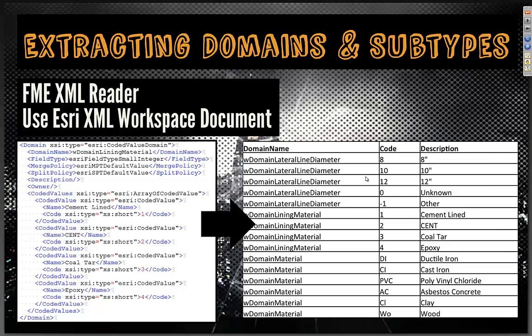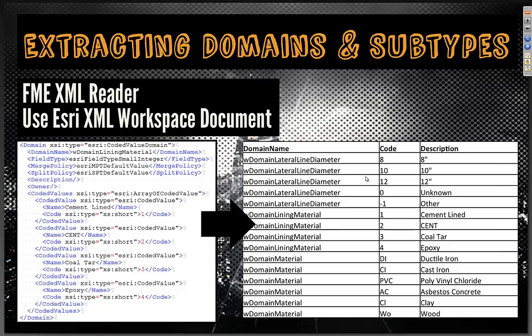So we can read back that XML workspace document and interpret it and dig out the bits that we want, which in this case would be the domain and the subtype tags in that document. And in this case, I'm just dumping them out into an Excel spreadsheet.